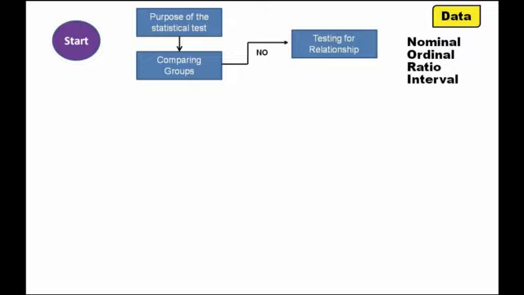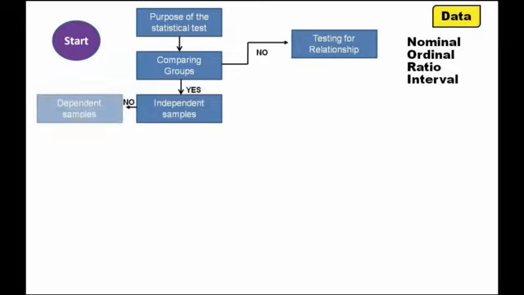Comparison of groups. Now, for comparison of groups, we are going to encounter the concept about independent samples and dependent samples. Pag sinabi nating independent samples, ang ibig sabihin, we have two or more groups. Example, yung isa gumagamit ng virtual. Yung isa naman gumagamit ng module.